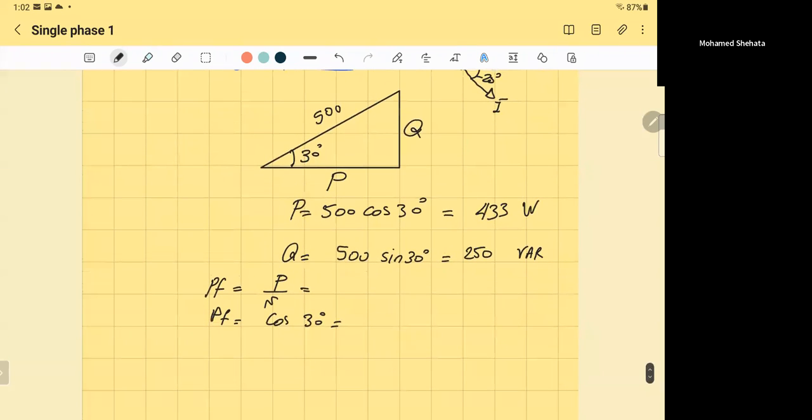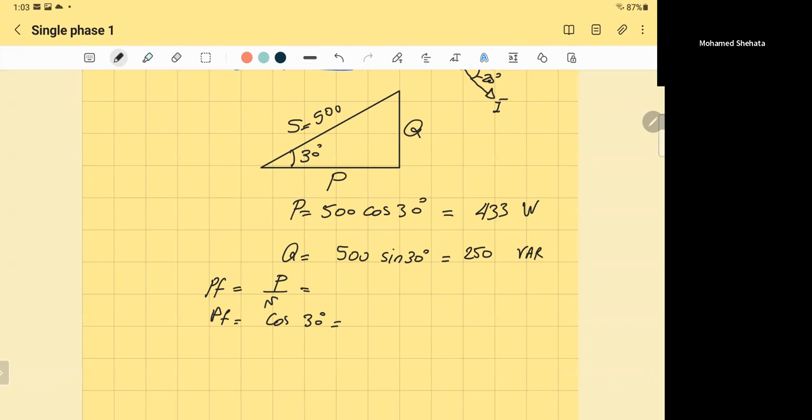It's either cosine the angle between P and S, which is the same as cosine the angle between the voltage and the current, or the ratio between P and S. That's the more general one. Power factor is equal cosine the angle. That's a special case when everything is pure sinusoid.